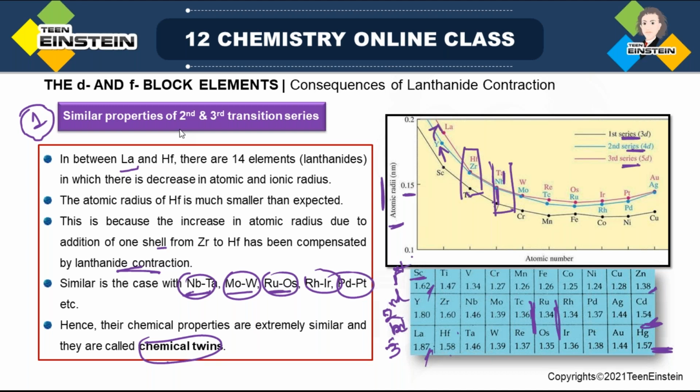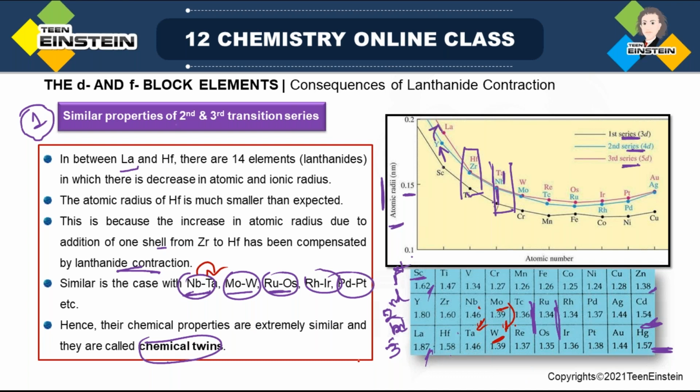But when you are moving from Nb to Ta, or molybdenum to tungsten, basically the mass of tungsten is much higher than molybdenum, right? Because it is in the next period, and obviously the atomic number is high. So volume is the same, but mass is very high.